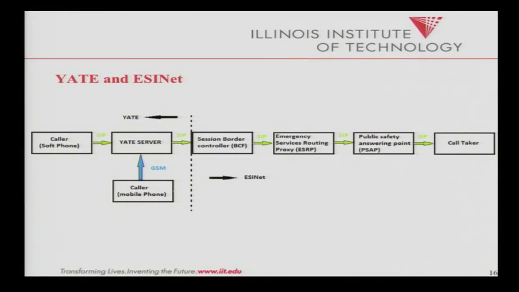So when a call is made from either a soft phone or a mobile phone, the YATE server will receive the call, determine if it's an SOS, and then forward it to the SBC if it's an SOS, and then the SBC forwards the call to the ESRP and the PSAP, and eventually it's answered at the call taker.